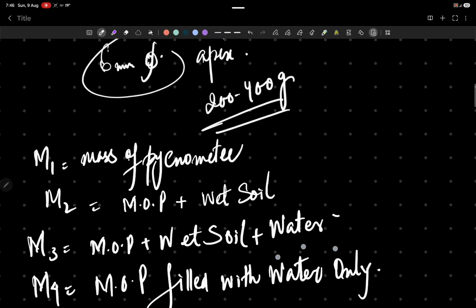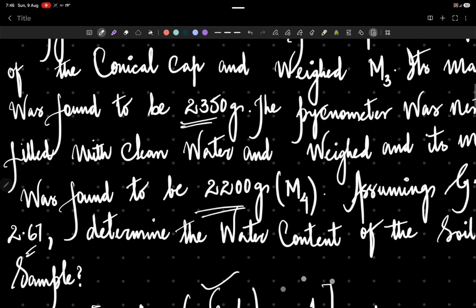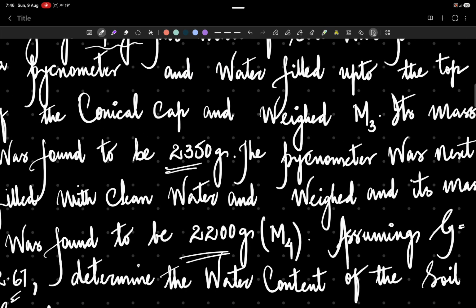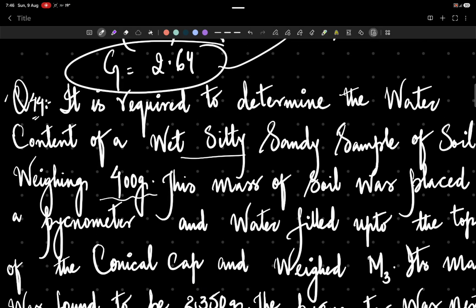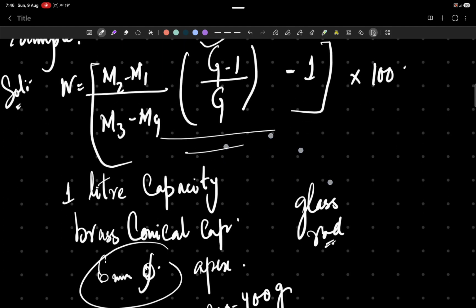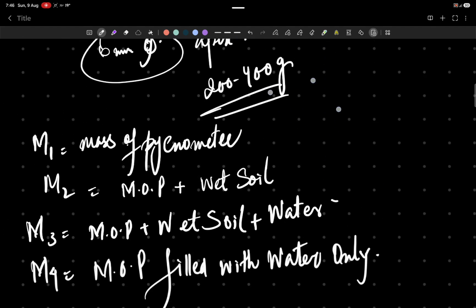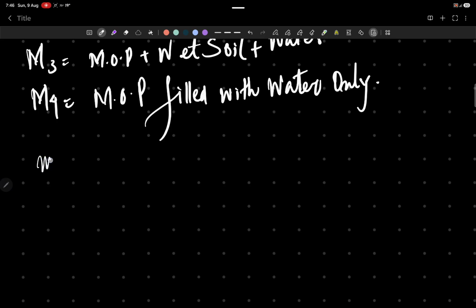Alright, so let's see what data has been given, and accordingly we have to use the generalized equation to find the water content. Listen carefully. It is required to determine the water content of a wet, silty, sandy sample of soil weighing 400 grams. Mass of wet soil, 400 grams.